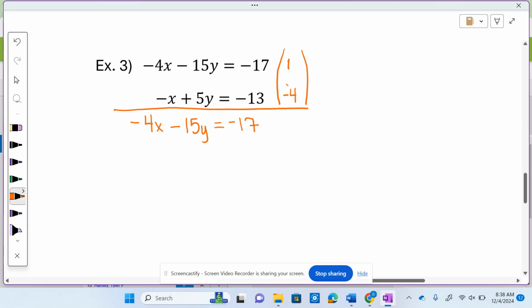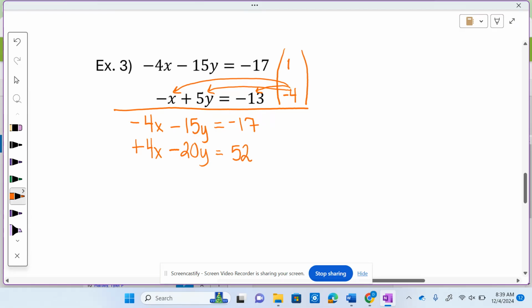My bottom equation, however, negative 4 times negative x gives me a positive 4x. Negative 4 times 5y gives me, anyone? Negative 20y. And negative 4 times negative 13 gives me, anyone?